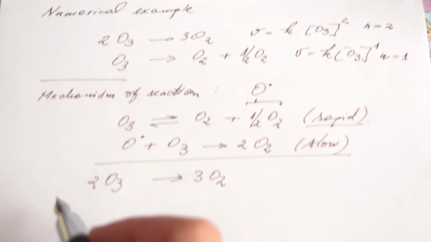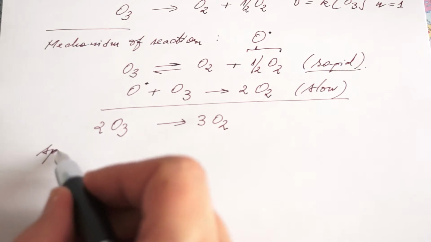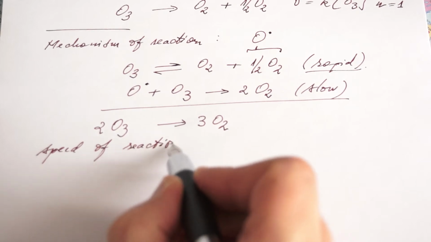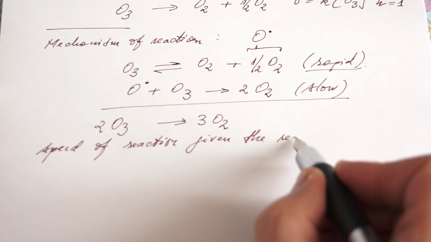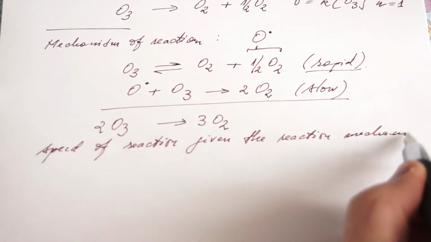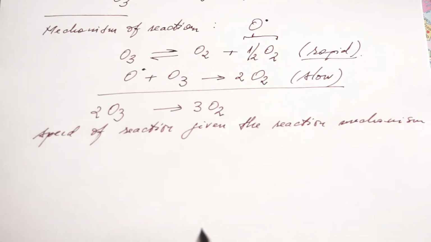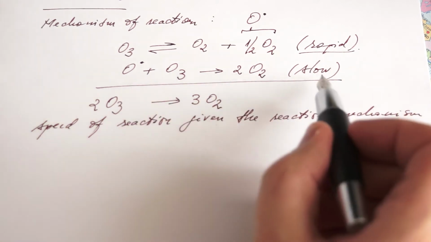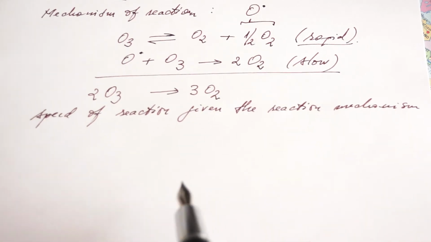So let's now determine the speed of reaction given the reaction mechanism. Obviously, the speed limiting step would be the second equation, the slow reaction step.